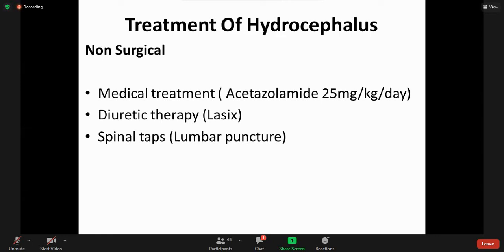Medical treatments like drugs, acetazolamide, which stops the production of CSF, or we can use diuretic therapies, or spinal tap or lumbar puncture, from which we can remove the excessive CSF from the ventricular systems. But of course, there are some indications and contraindications to lumbar puncture. So before doing lumbar puncture, we should know everything.